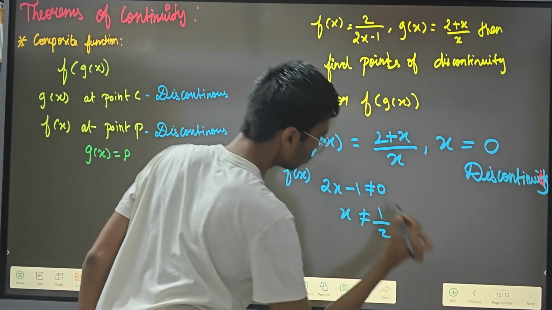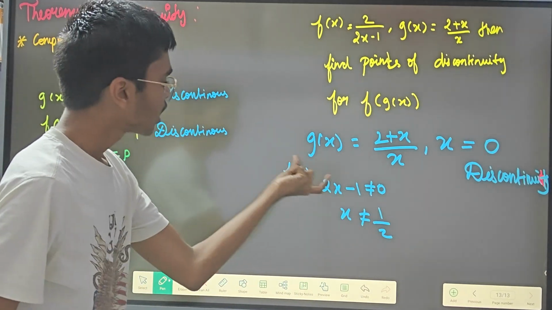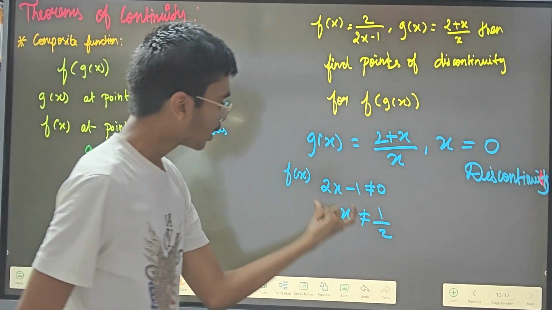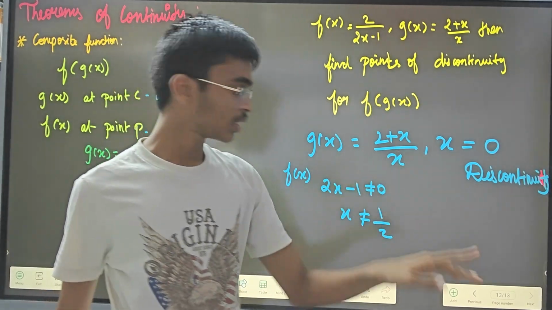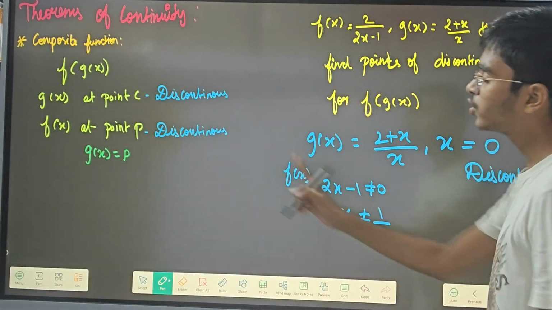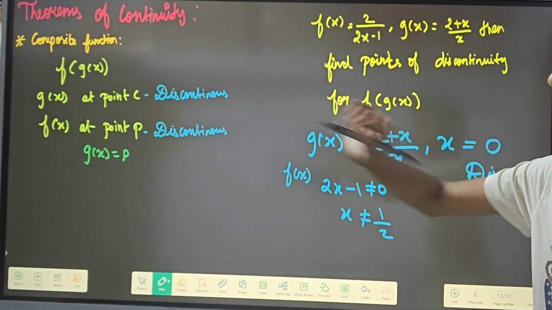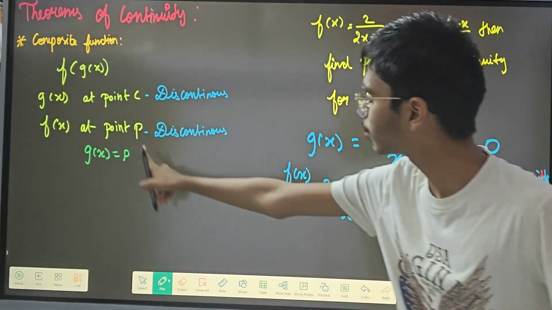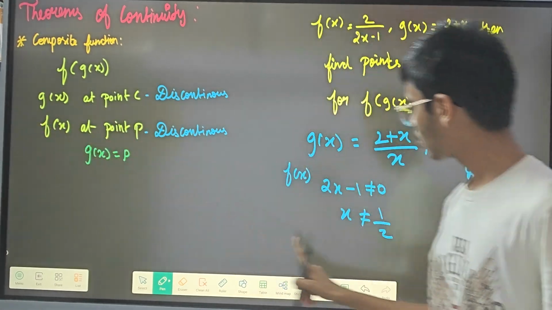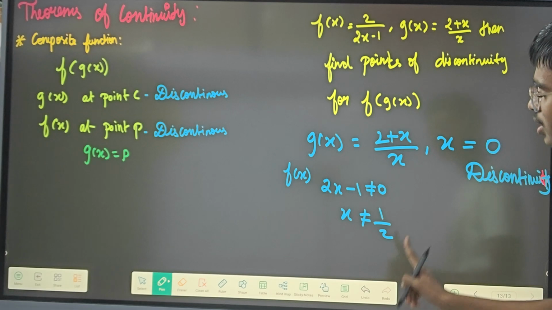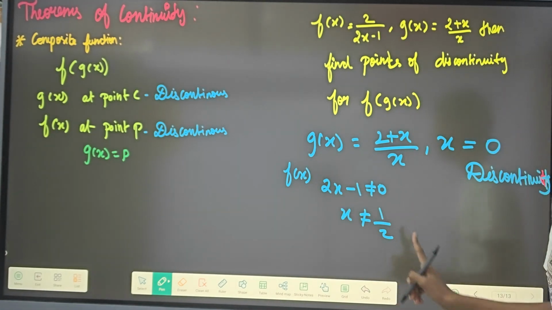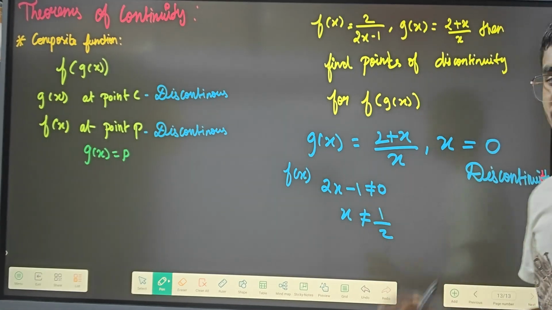So x should not be equal to 1 by 2. And what did I say over here? I said that you have to equate that particular point where f of x is discontinuous to g of x, right? This point where f of x is discontinuous is 1 by 2, so you have to equate it with g of x.